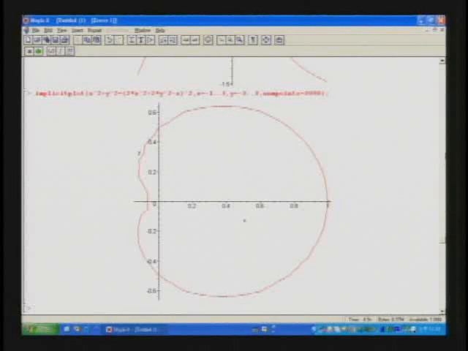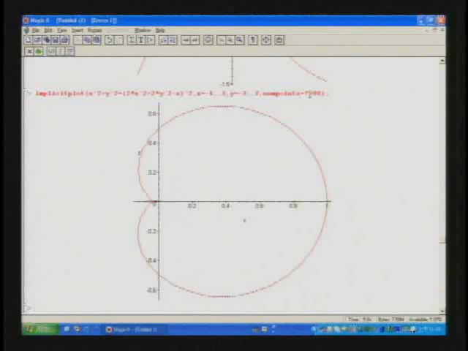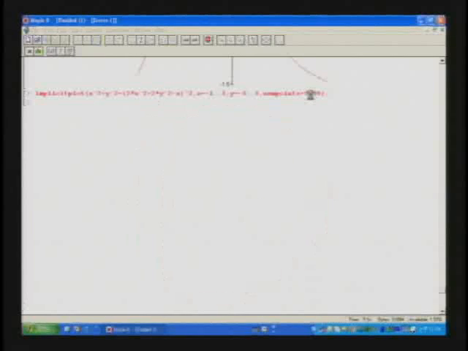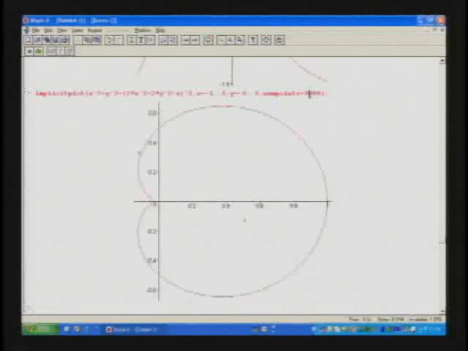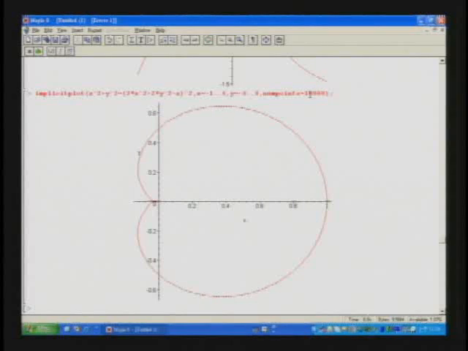Oh, even more points. Not enough. Not enough. Maybe more. Okay, now it already looks quite okay.